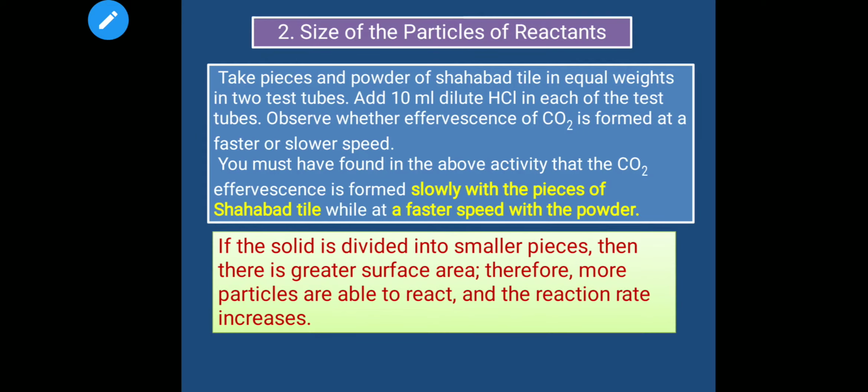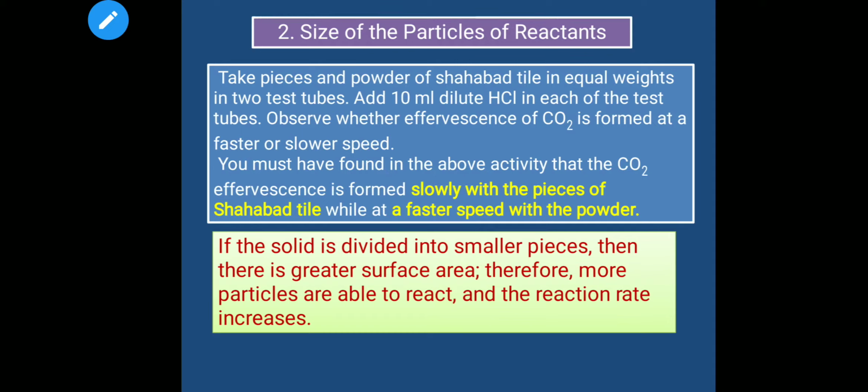The next one is size of the particles of reactant. We'll take an example. Take pieces and the powder of Shahabadi tiles in equal weight in 2 test tubes. Add 10 ml dilute HCl in each test tube and observe whether effervescence of CO2 is formed at a faster or slower speed.